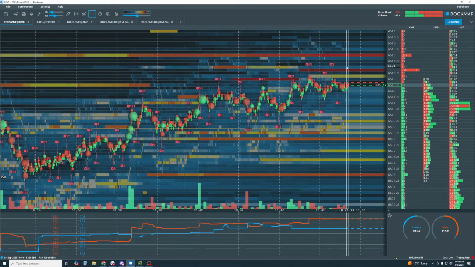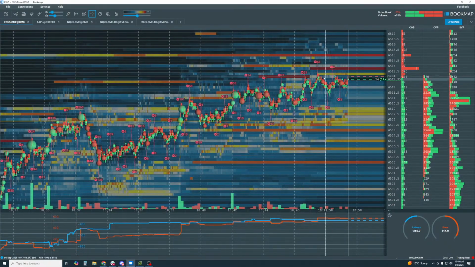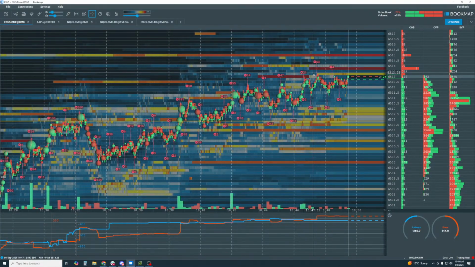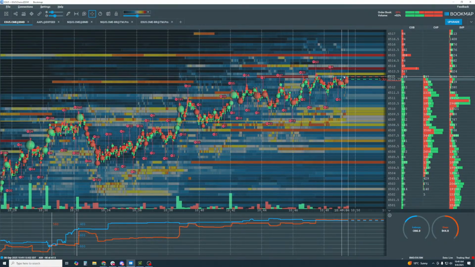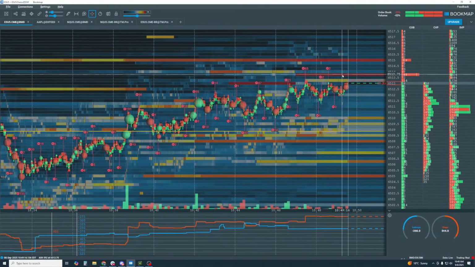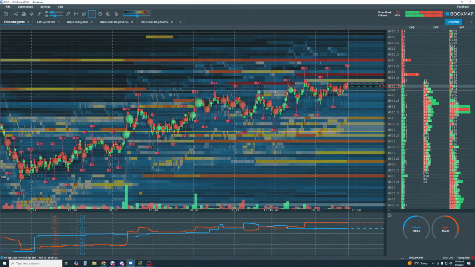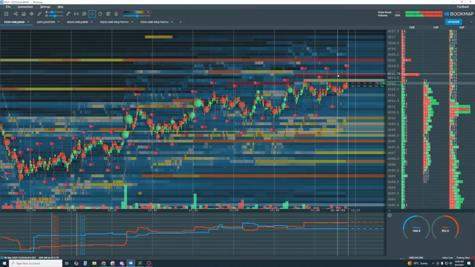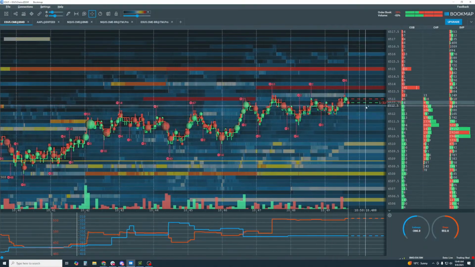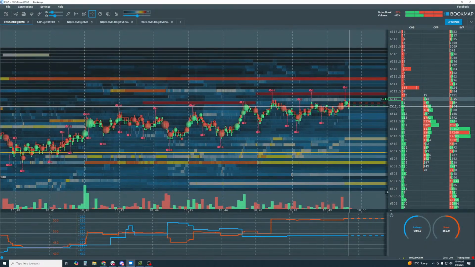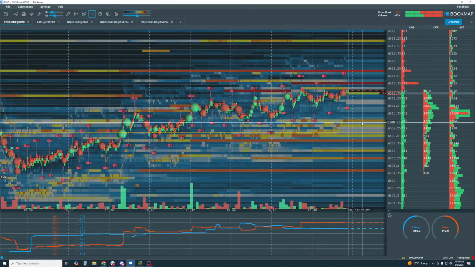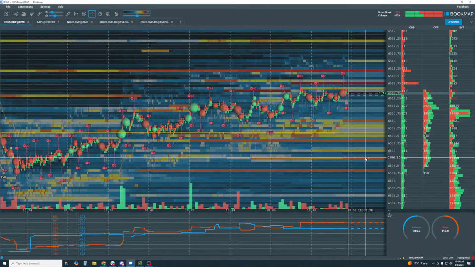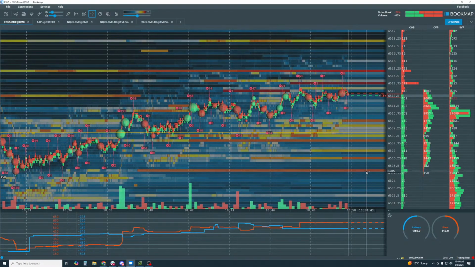We don't know. But I would look for us to trade into some of this high liquidity in here and absorb the buying pressure, because the buying pressure is kind of timid right now. And then to see it maybe go sideways for a bit, or maybe even go sideways and then find more sellers and trade it back down into these levels down here, 08, 06, 04, or 05.